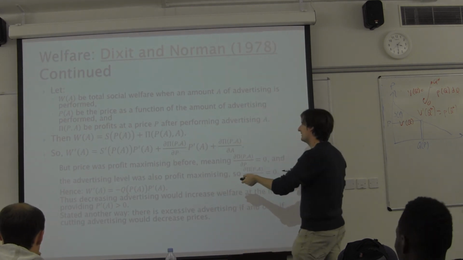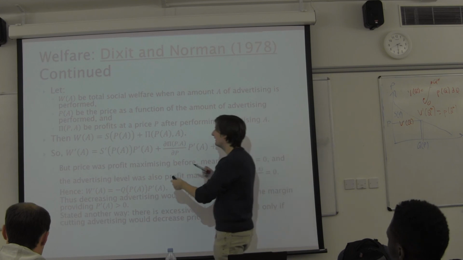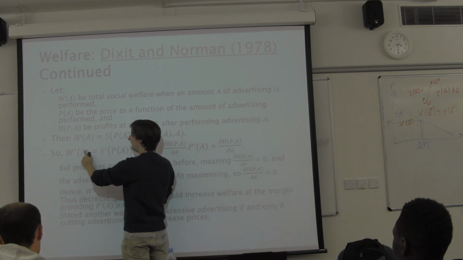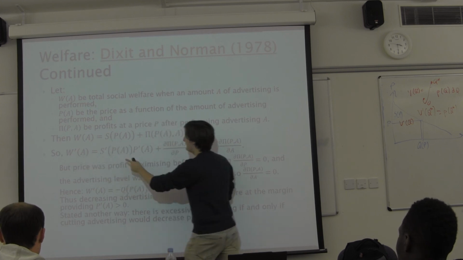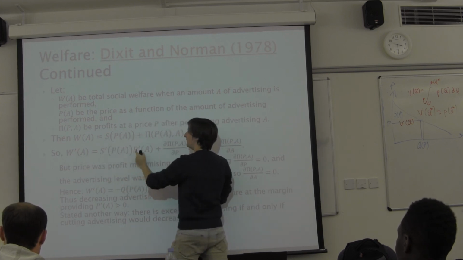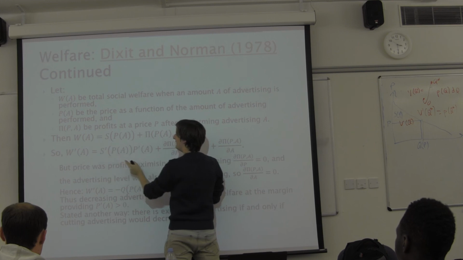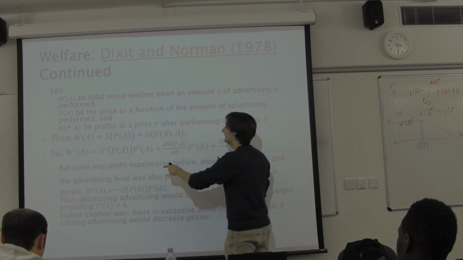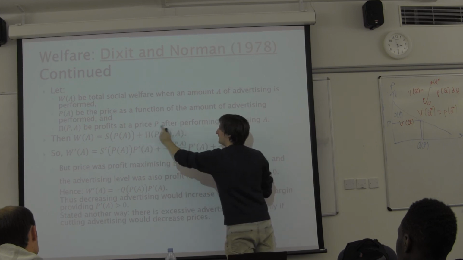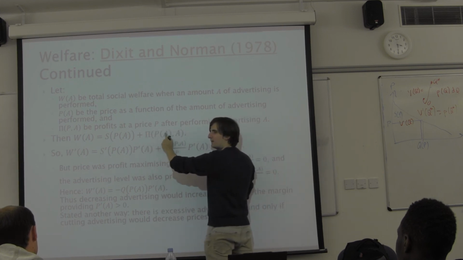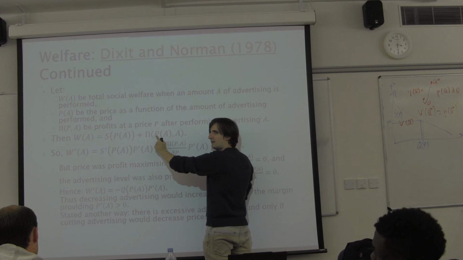Forgot the chart. So what happens to welfare as we increase advertising? Take the derivative of this. Well, here we're going to use the chain rule. So we get derivative of the outside times derivative of the inside. And here, have you seen how to differentiate functions in multiple arguments before?